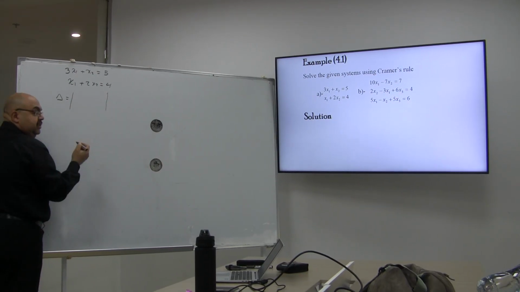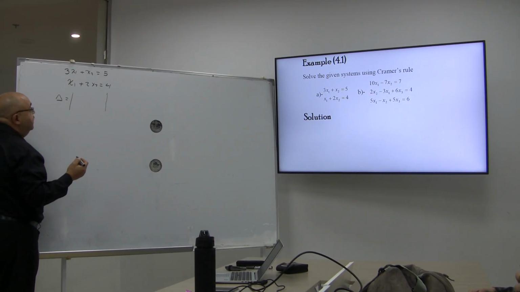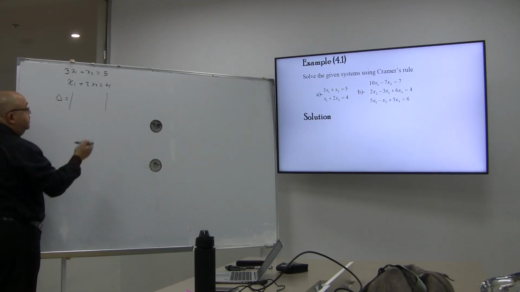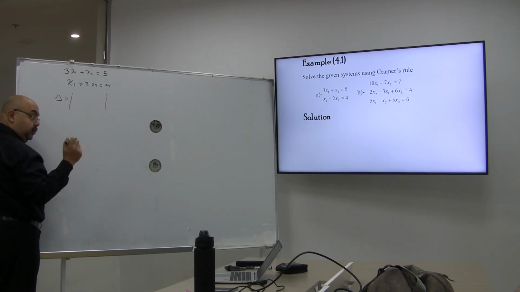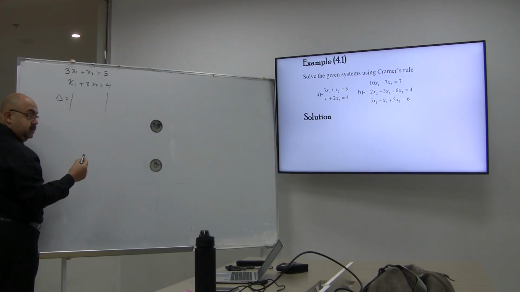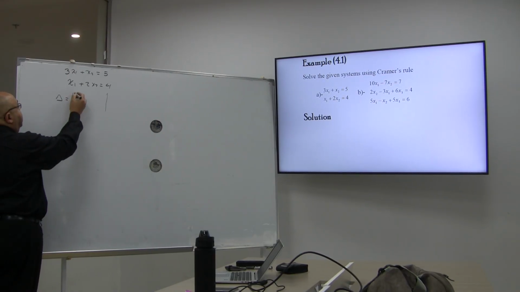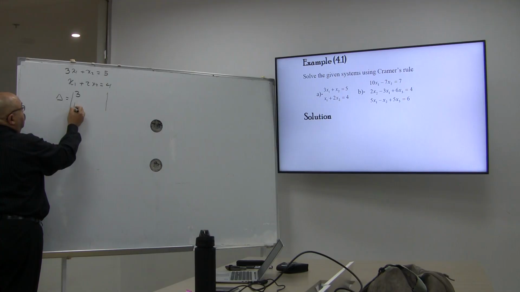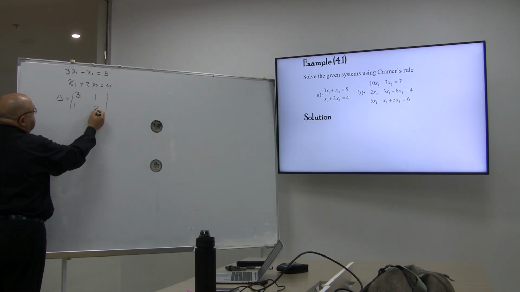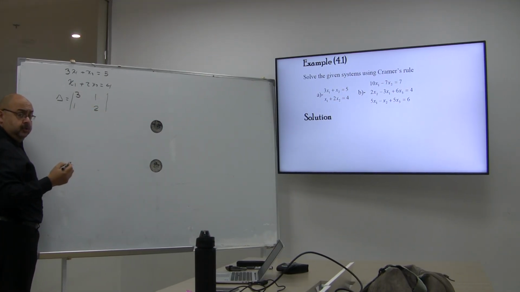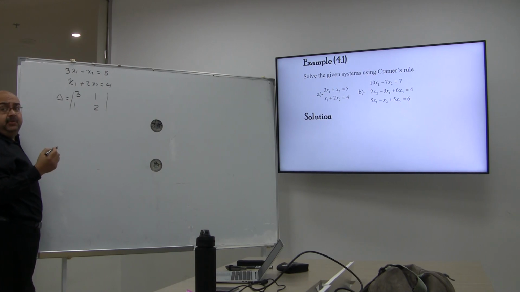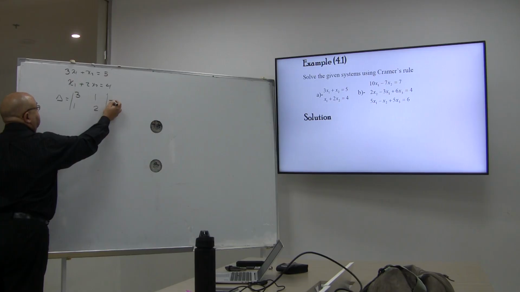That's the symbol of a determinant. Like the symbol of a matrix is square brackets, but for the determinant it's just 2 lines. I will start writing the numbers, which are 3, 1, 1, and 2. The first step to be sure that Cramer's method is successful in solving this system of equations is to evaluate this determinant.